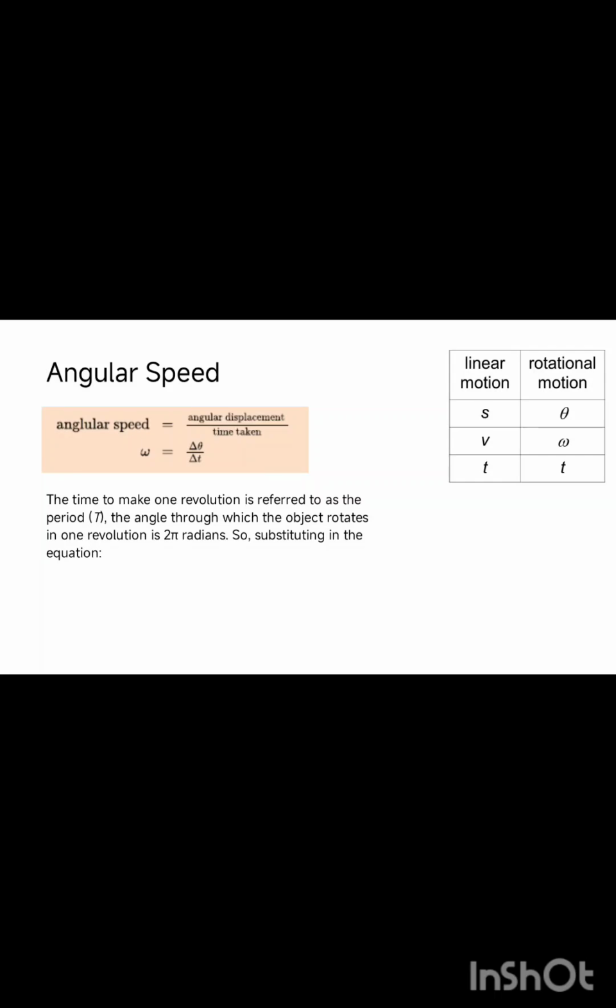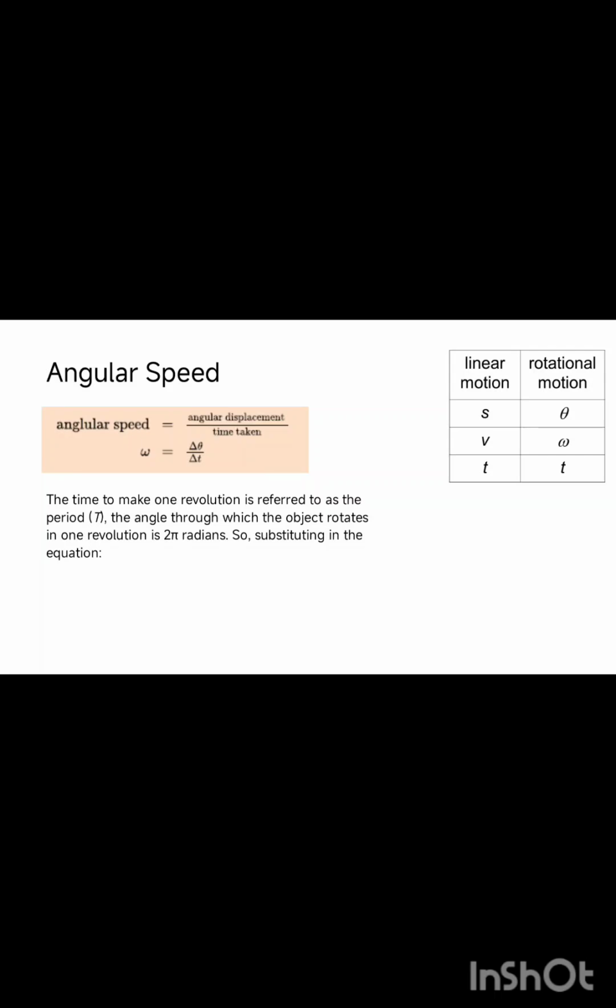The time to make one revolution is referred to as the time period. Suppose the object completes one full revolution of a circle, that is, one complete circumference around the circle. The time taken for that one complete revolution is known as the time period.